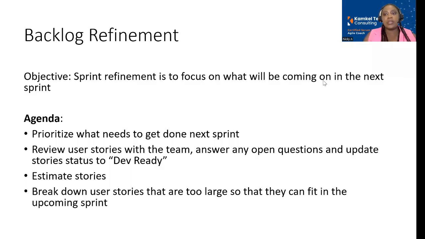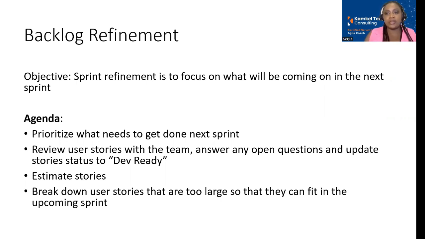So we're going to start with the backlog refinement, right? When you're setting up your backlog refinement, the whole purpose or objective of the meeting is for your team to come together to focus on what is going to be coming up in the next sprint. The backlog refinement is for you as a team, the Scrum Master, the product owner, and the entire development team, to look into the backlog and review the stories that are possibly coming in the next upcoming sprint.